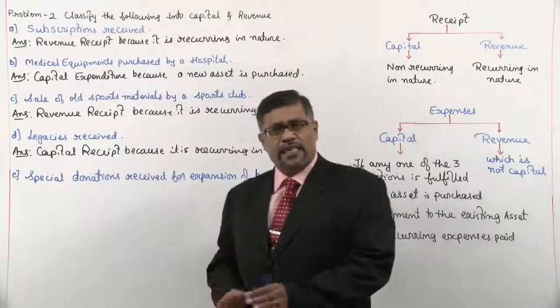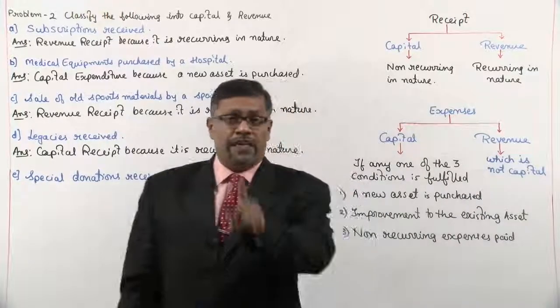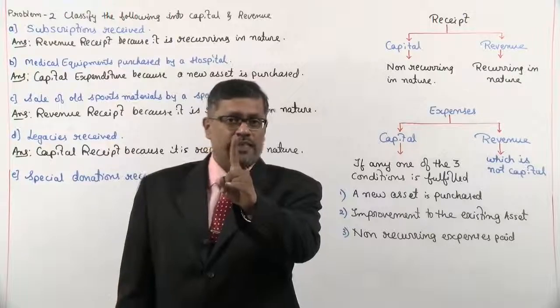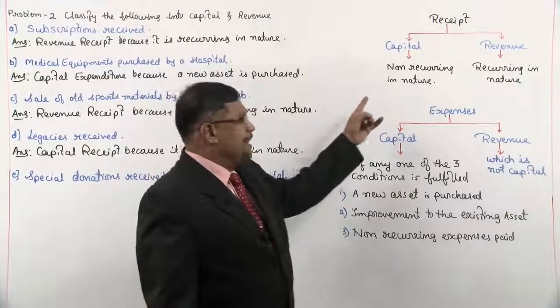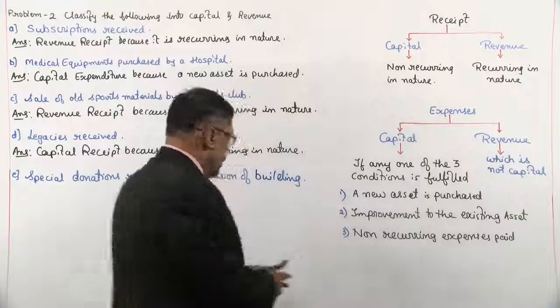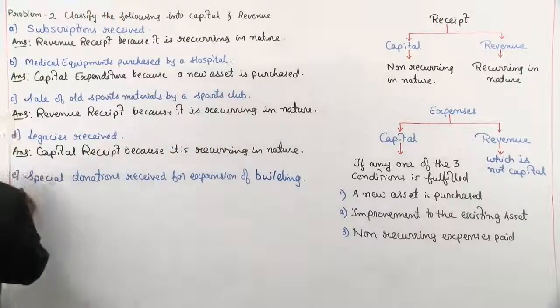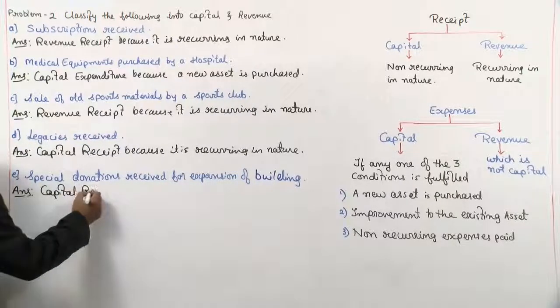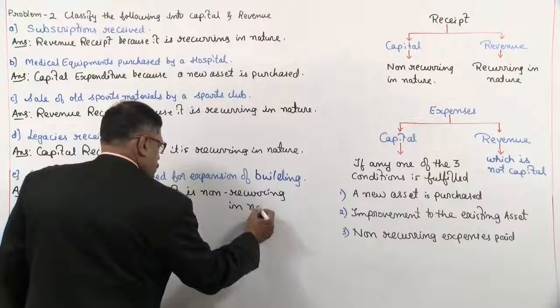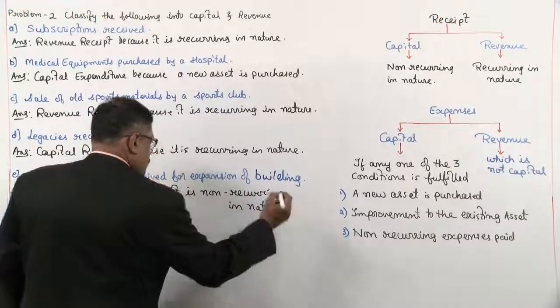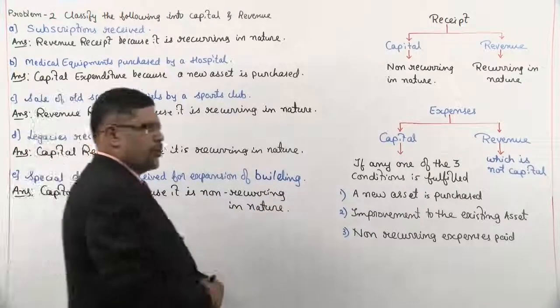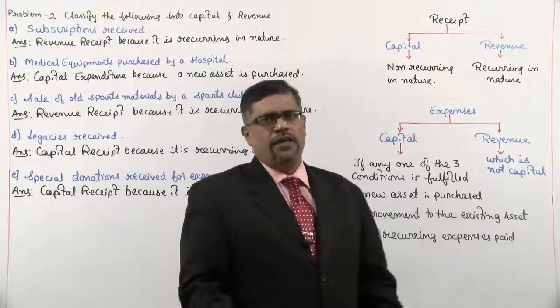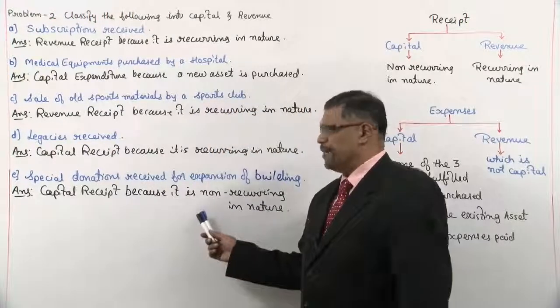That is called a capital receipt because it is received only once. Capital receipt as it is non-recurring in nature. Let's see the answer. Special donations are non-recurring in nature. That is why we call it a capital receipt.